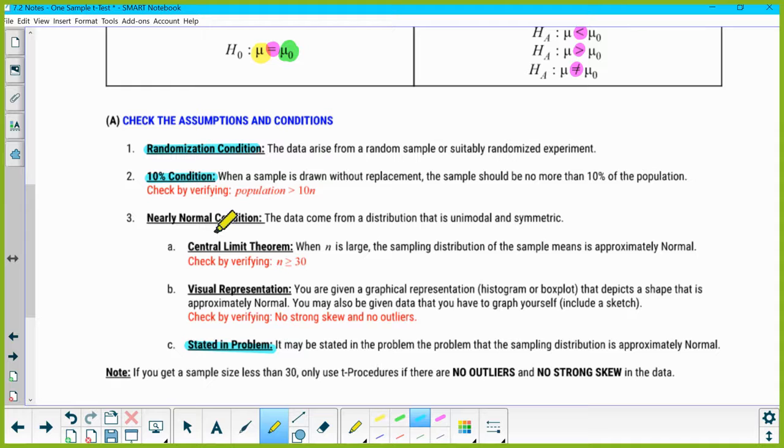Second best option, central limit theorem, which is as our sample size gets larger, specifically greater than 30, we can assume that it's approximately normal. Third option, which is not always the best option, is a visual representation. You are doing a histogram or a box plot, and you're trying to see if there is strong skew or outliers. And you will always have to include a sketch on your FRQ.